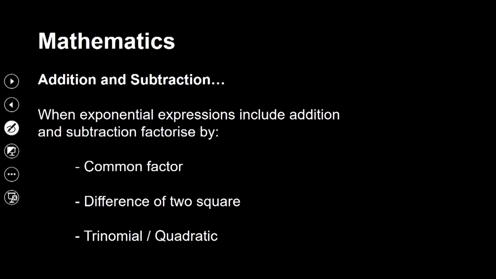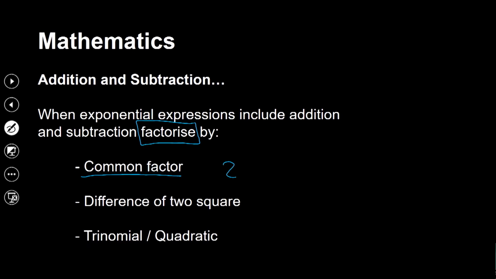You definitely need to make sure that you remember how to factorize. If you cannot factorize, please go back to your notes and look at exactly how to do that, because it's really important. Now, one type of factorization under these exponential expressions is a common factor. Remember, you look at what is common in all the terms.